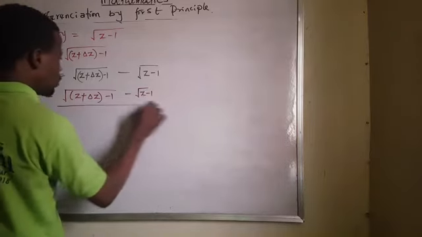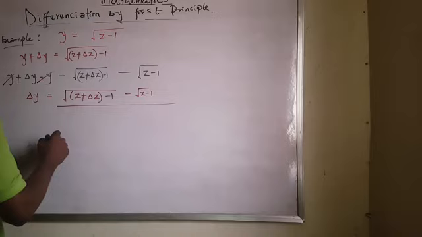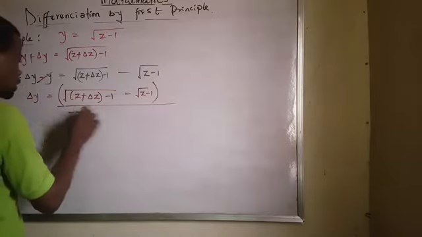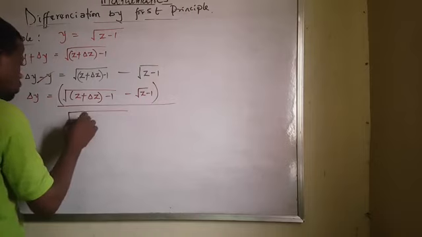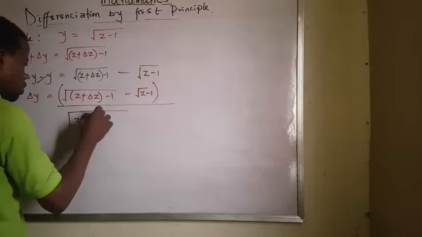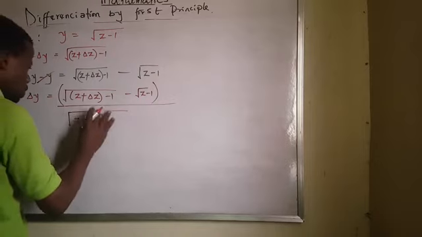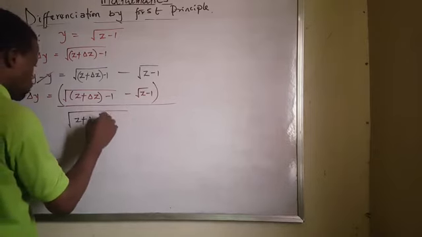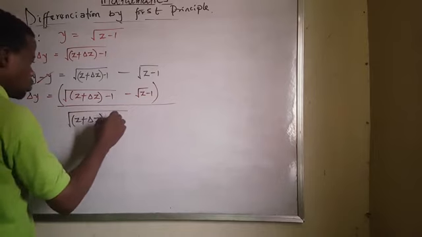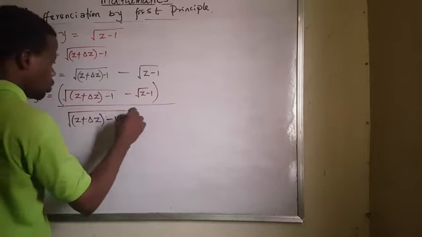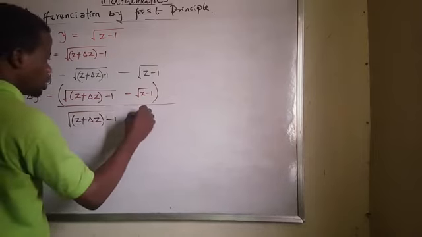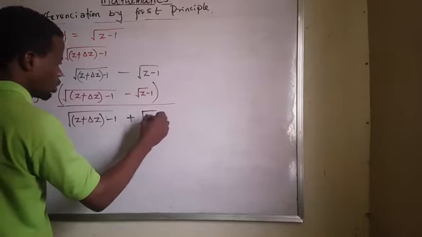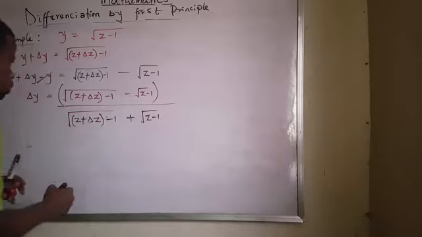So I can equally write this over the square root of z plus change in z minus 1, plus the square root of z minus 1.